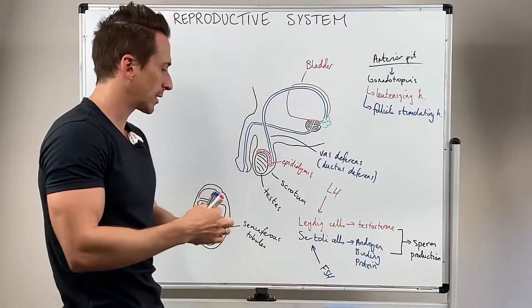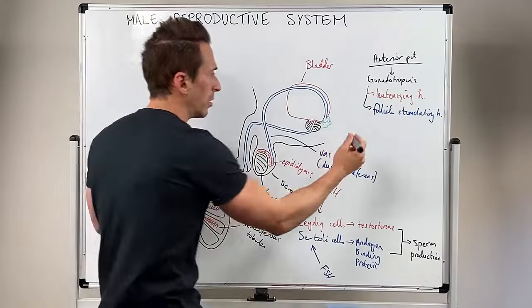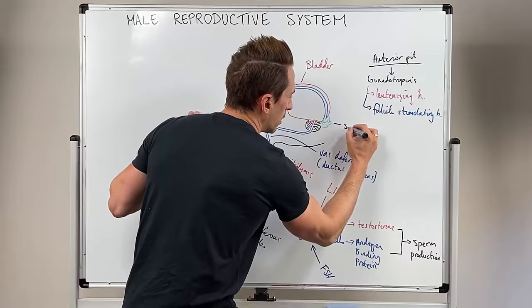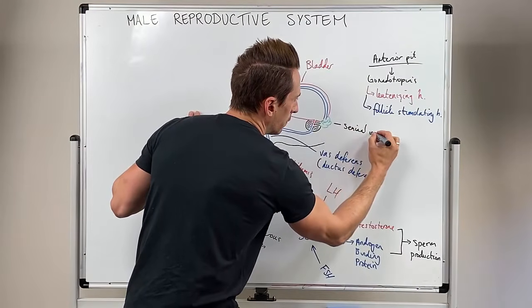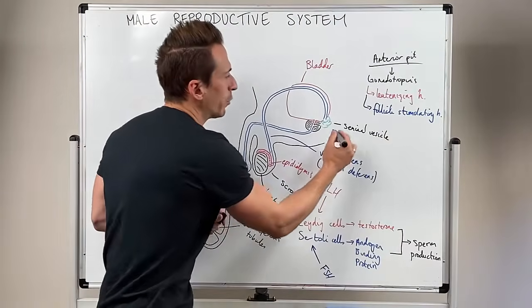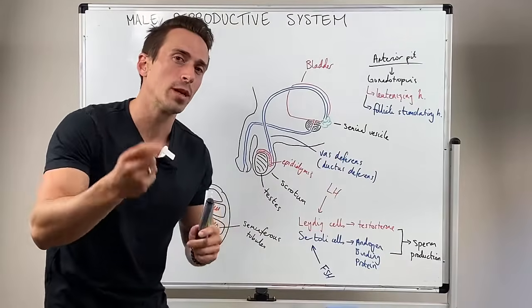This gland is called the seminal vesicle. And the seminal vesicles produce a really important fluid.